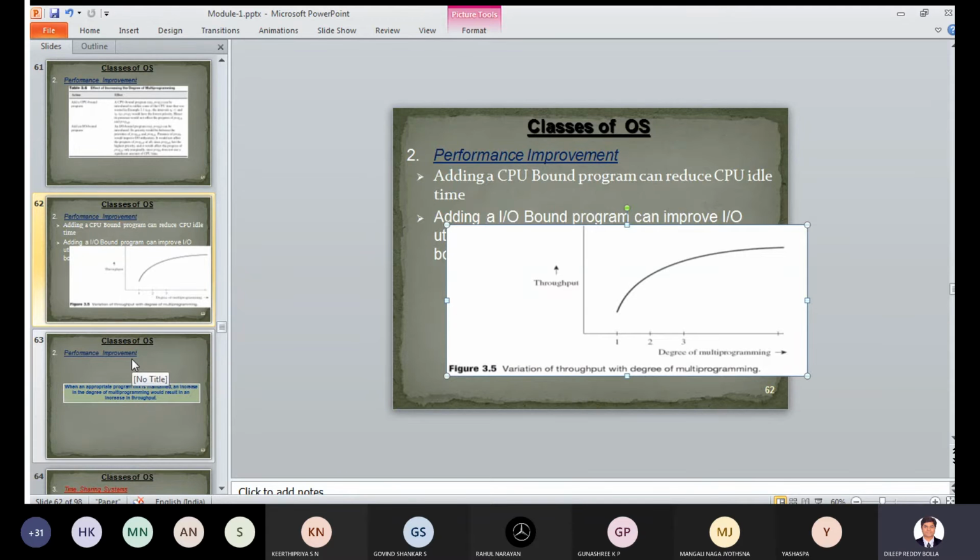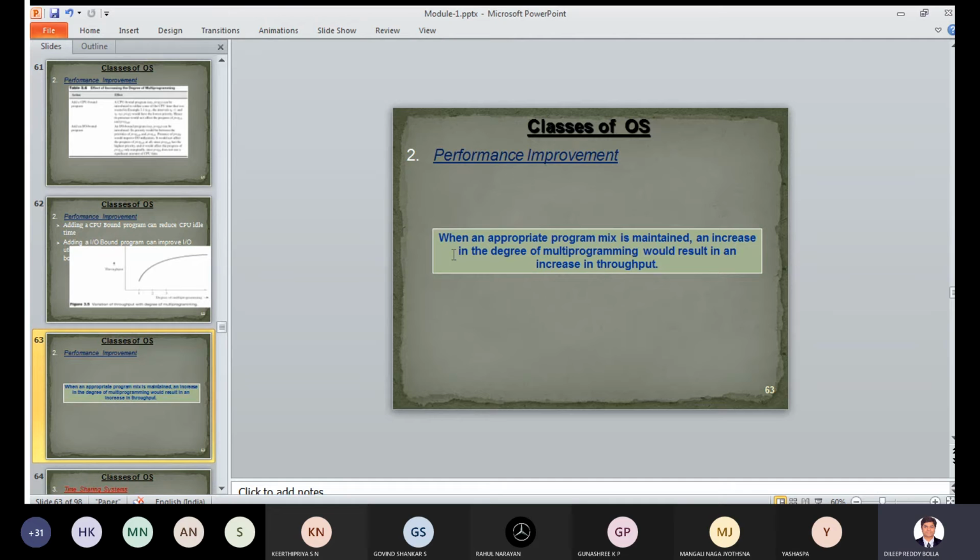The final conclusion for multi-programming: when an appropriate program mix is maintained, which means we have n number of programs that we can mix effectively, we can increase the degree of multi-programming, which will result in an increase in throughput.